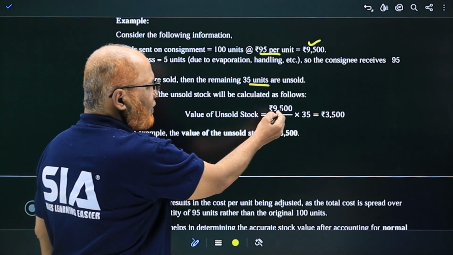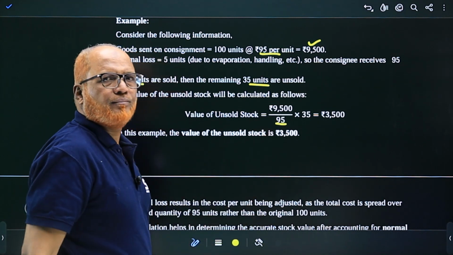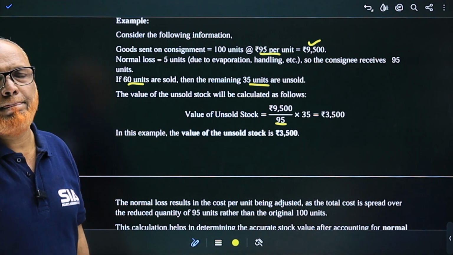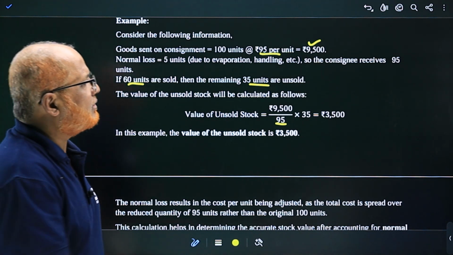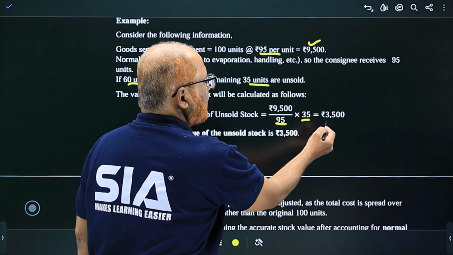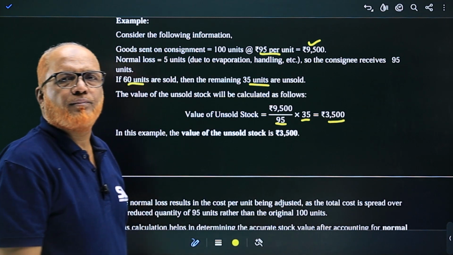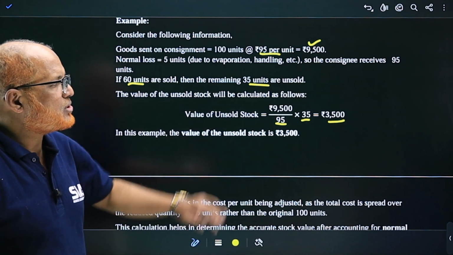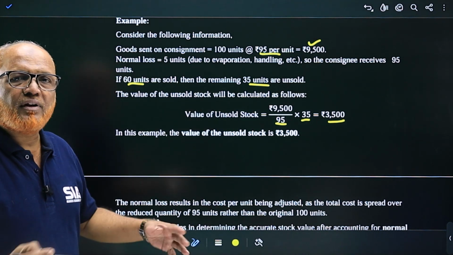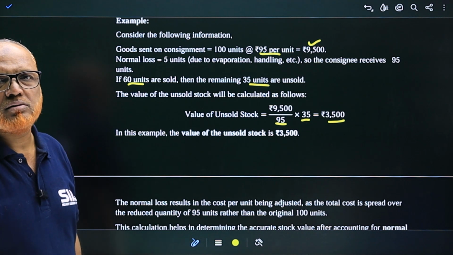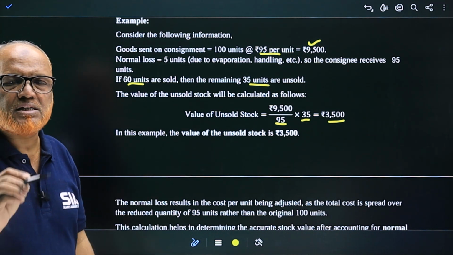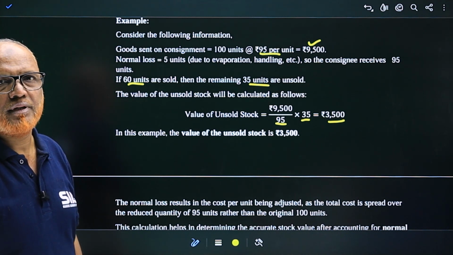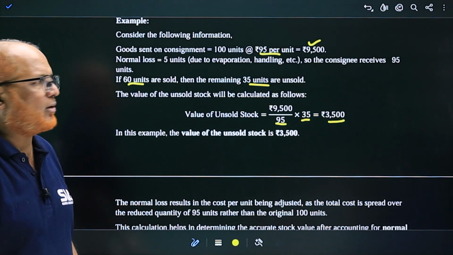So 9,500 divided by 95, into how many units are remaining in unsold stock? 35 units, into 35. So it comes to 3,500. Ultimately, the value of unsold stock is 3,500 after considering normal loss. This is the method of adjusting normal loss in unsold stock. Separate calculation of normal loss is not required.